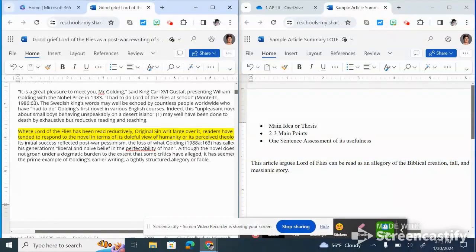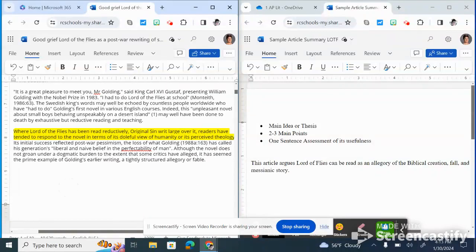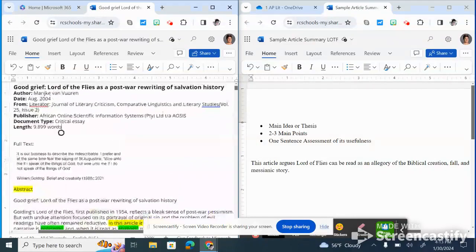Where Lord of the Flies has been read reductively, original sin writ large over it, readers have tended to respond to the novel in terms of its doleful view of humanity or perceived theology. This is the argument that this writer is arguing against. So this time I'm going to use his name.